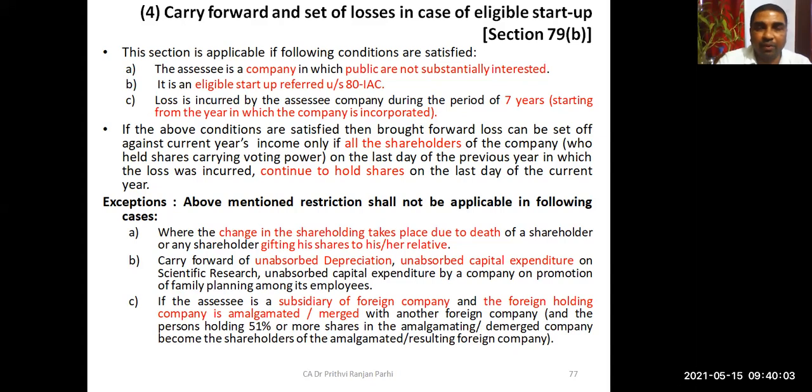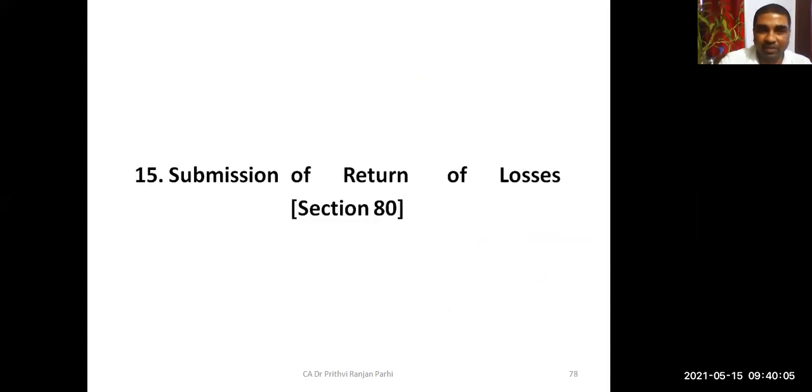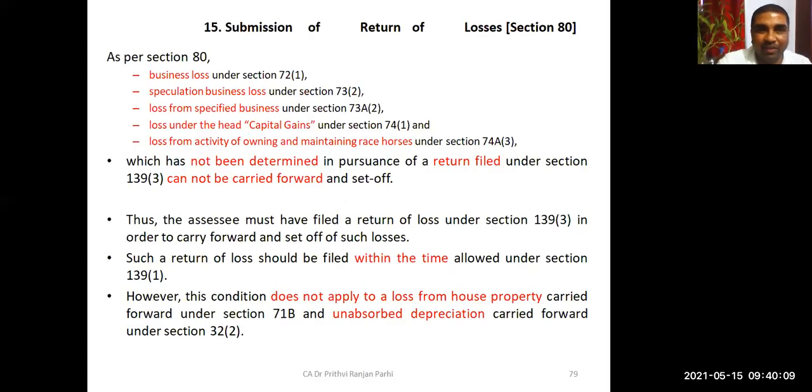Now, friends, one more concept, that is submission of return for losses. We need to quickly cover it. Section 80. When a loss needs to be set off, there is a requirement in many situations that the return needs to be filed.